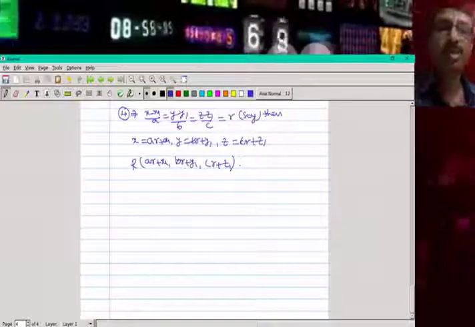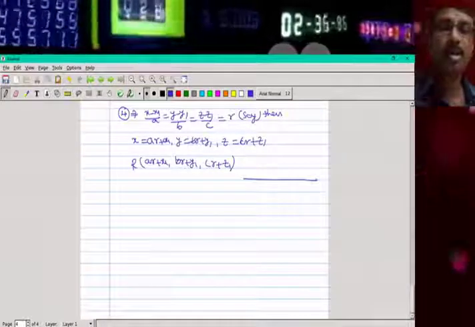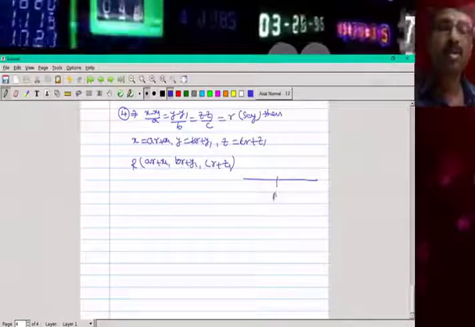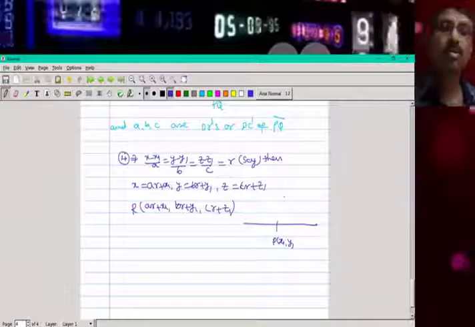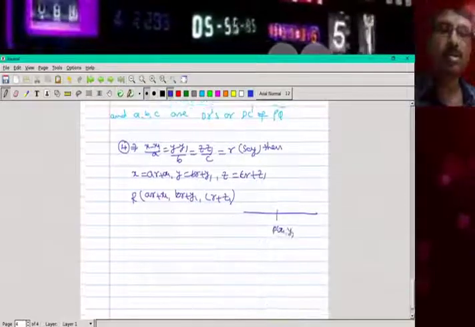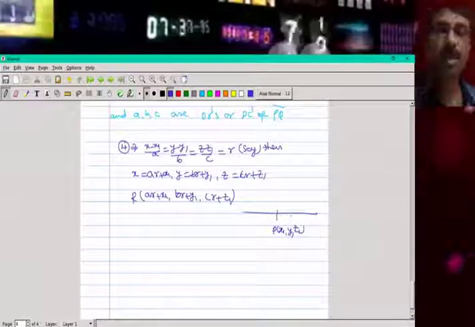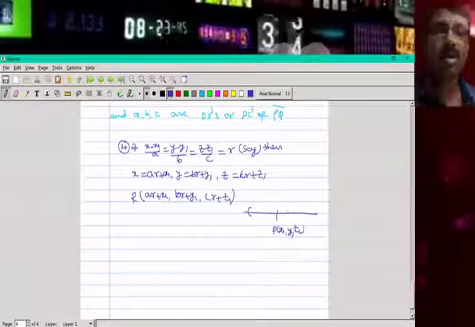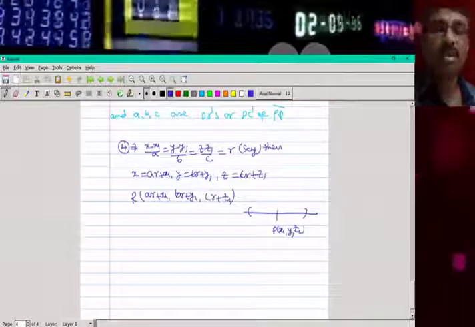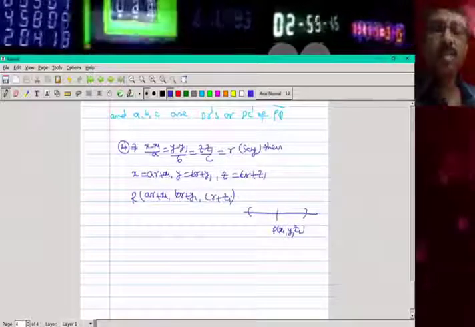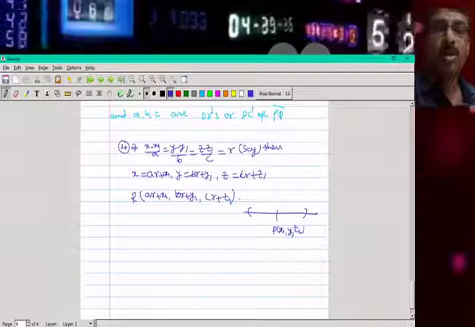So taking the x, y, z values as coordinates of some point, this point is located at the given point P(x1, y1, z1), either to the left side or to the right side, depending on the value of r. Generally we get r equal to some negative value and a positive value.